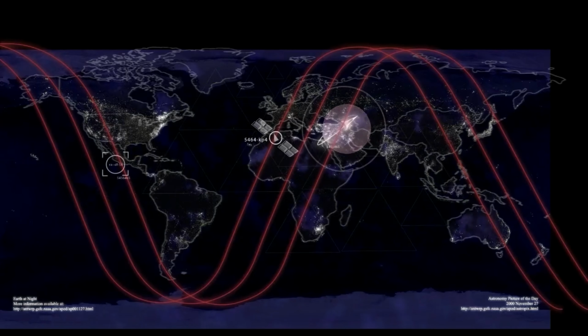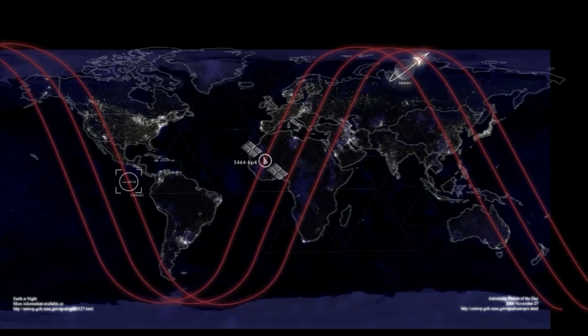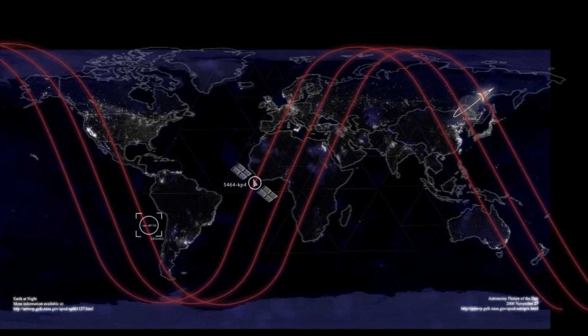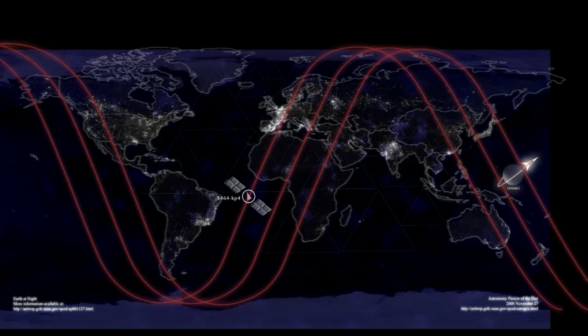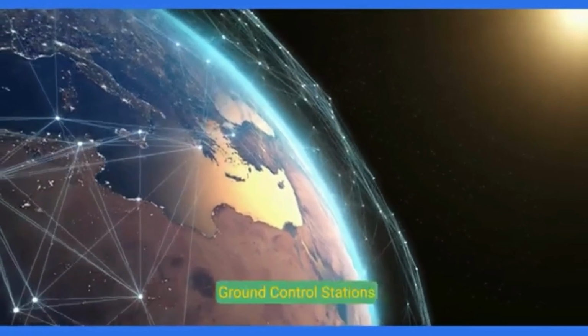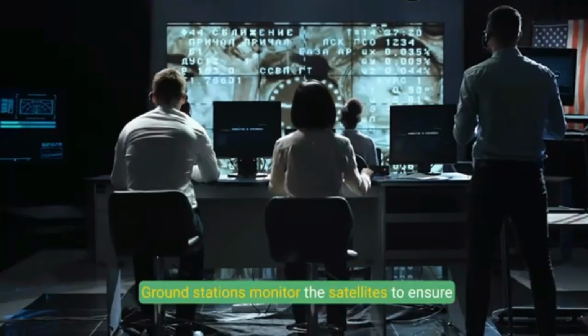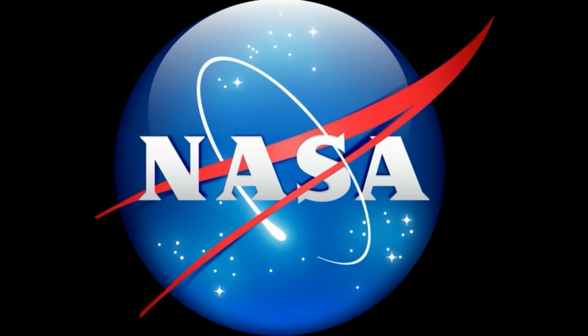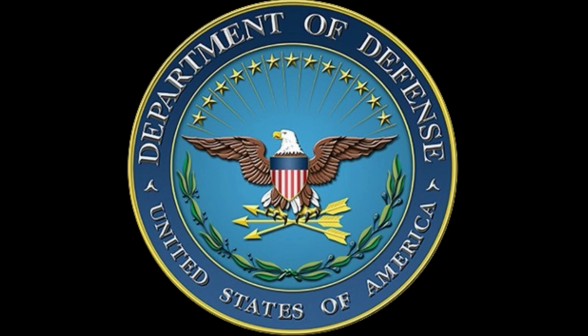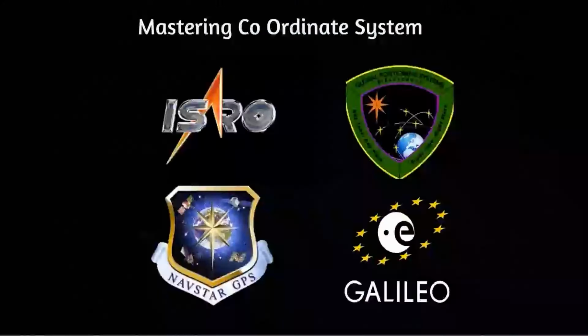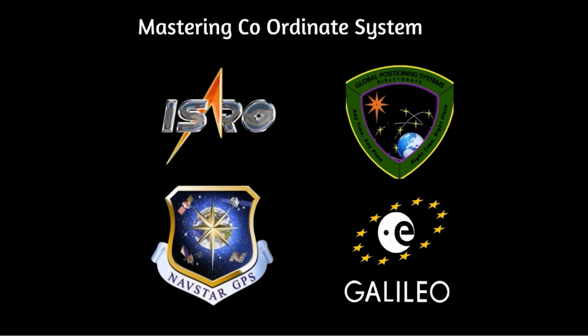They correct errors in satellite signals caused by atmospheric conditions and improve accuracy by providing real-time adjustments. These stations are part of the Global Navigation Satellite System, GNSS control segment, and are managed by organizations like NASA, the US Department of Defense, and space agencies worldwide.